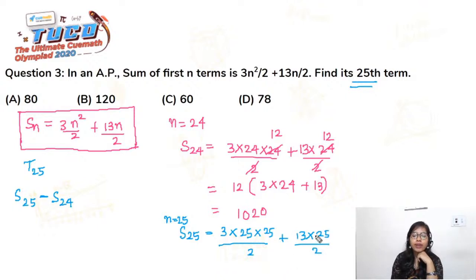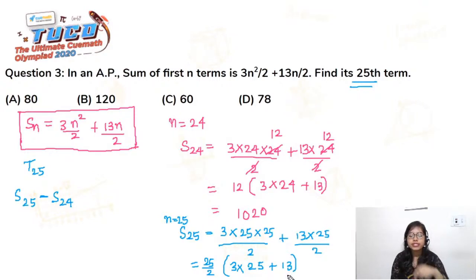You all could take 25 over 2 as a common term, so you are left with 3 times 25 plus 13. This makes your question simpler. All of you can solve this and check. This is going to give you 1100. Please check it and see what result you are getting.